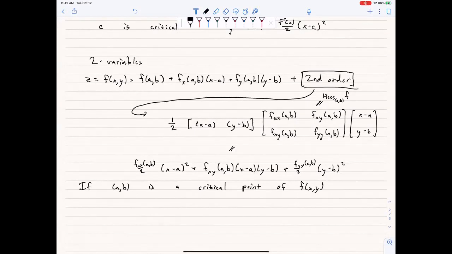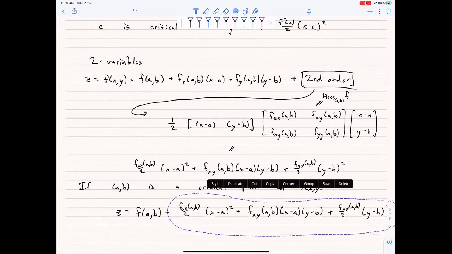We have the linear parts of x and y here. These guys go away in this approximation. And we end up with an equation that looks like z equals some number plus what I just wrote, this thing.